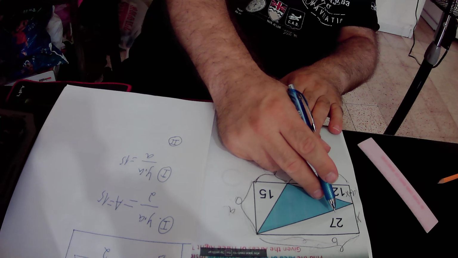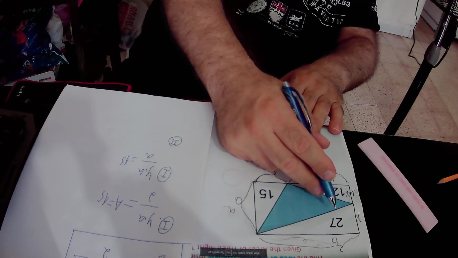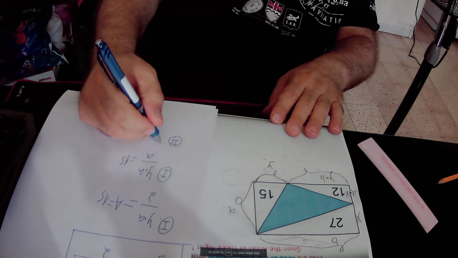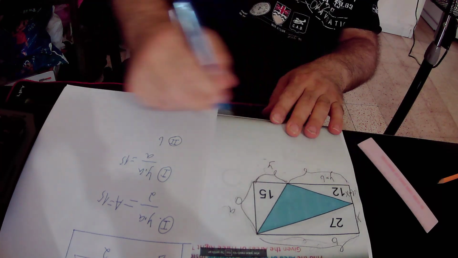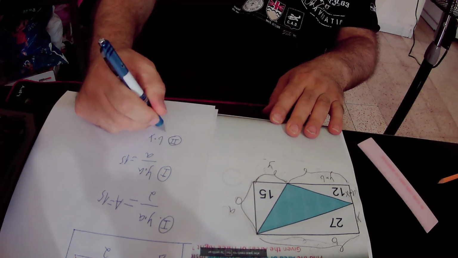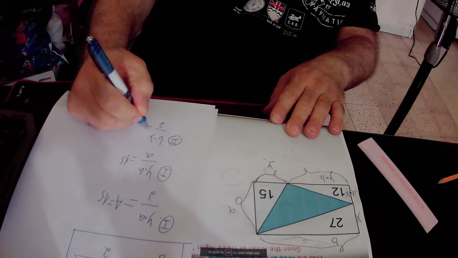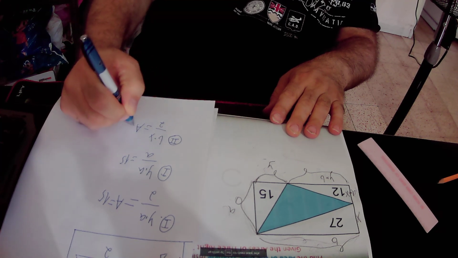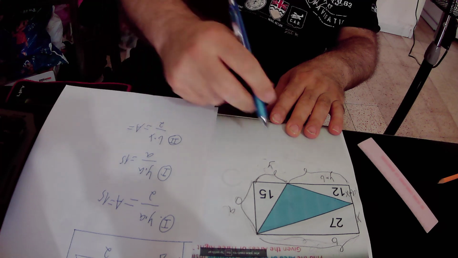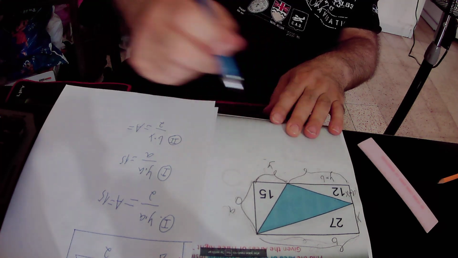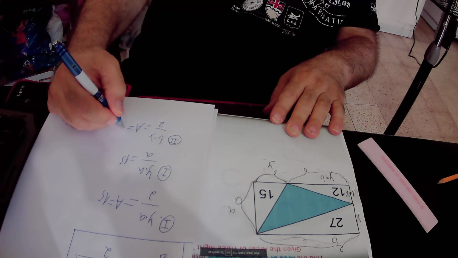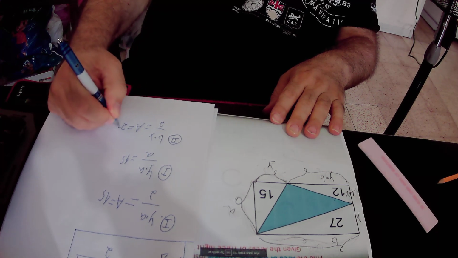So the area of this triangle will be the base of the triangle, that is B, times the height of this triangle, that is x, divided by 2 equals the area of this triangle. But we do know that the area equals 27 units, so we can write immediately that A equals 27 units.